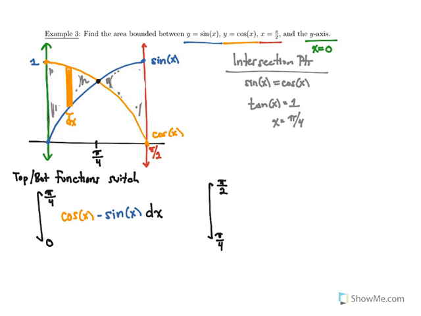In that case, drawing a little rectangle here, the width is still dx, but the height is now going to be sine minus cosine.